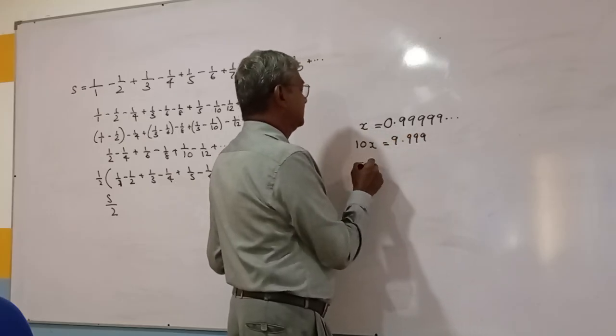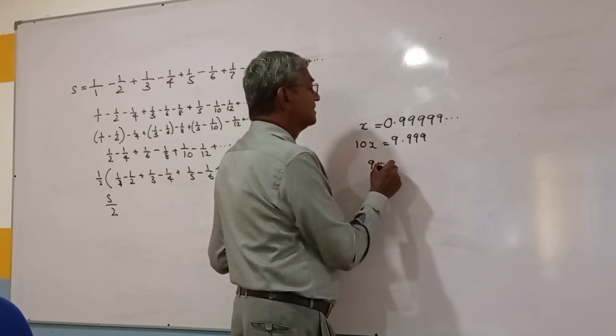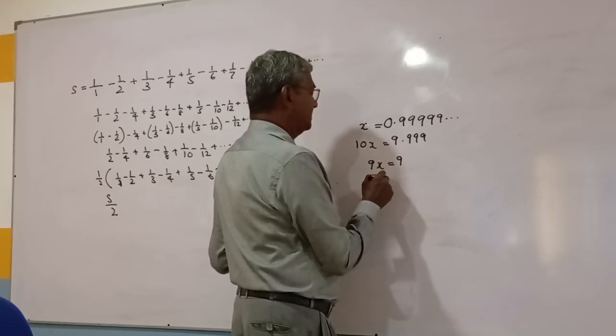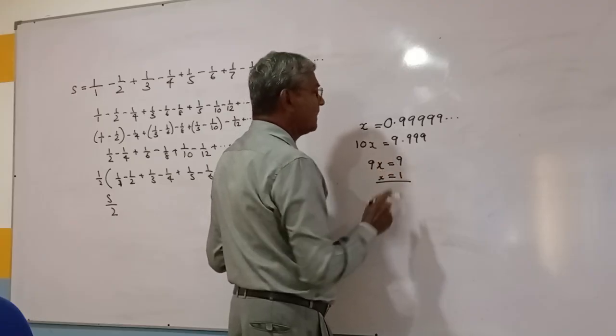Then you subtract, you get 9x equals 9. Yeah. So x is equal to 1.